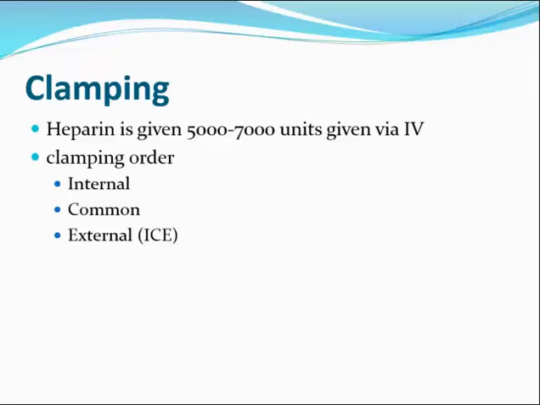They usually give between 5,000 to 7,000 units, and this is given via IV. And the clamping order, the surgeon will start off by clamping the internal carotid. Next the common carotid. And then the external carotid.